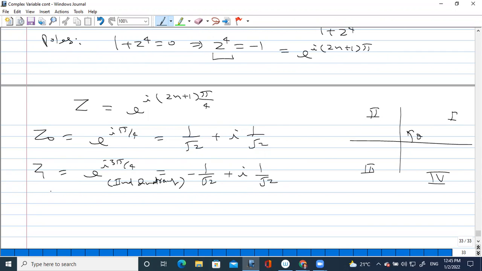Now Z2 will be e to the power i 5 pi by 4. So 5 pi by 4 will be in the third quadrant, so in the third quadrant both are negative.